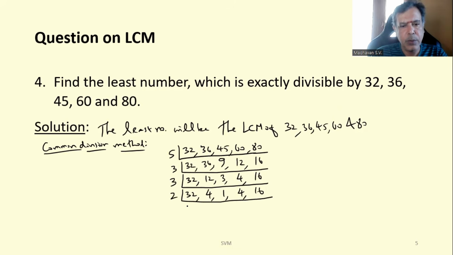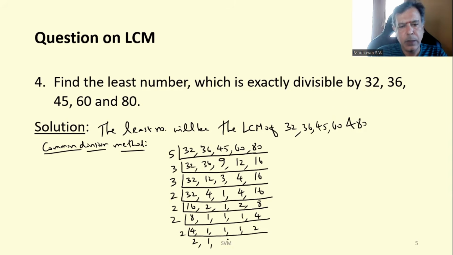Let us choose now 2: 16, 2, 1, 2, 8. Again 2: 8, 1, 1, 1, 4. Again choosing 2, we get 4, 1, 1, 1, 2. Again 2: 2, 1, 1, 1, 1.